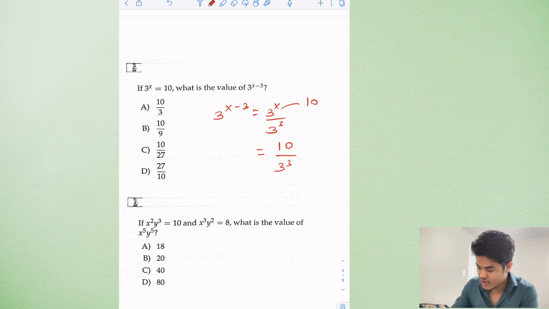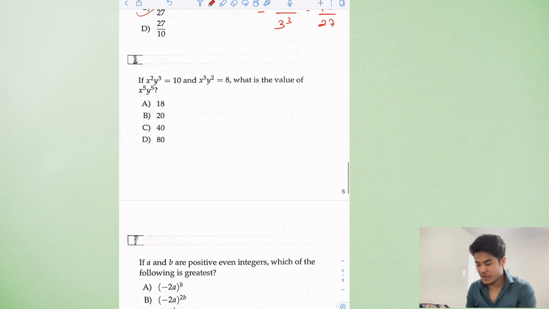We know that 3 cubed is 27, 3 into 3 into 3 is 9, 9 times 3 is 27. So our final answer is 10 over 27, option C.